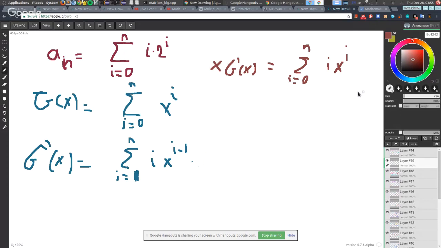So basically this will end up with this expression, which would be really close to what we want here. We just plug in x to be equal to 2. But sadly we cannot do that because we still don't have an expression for g dash.